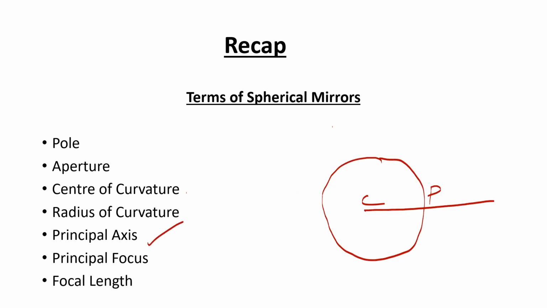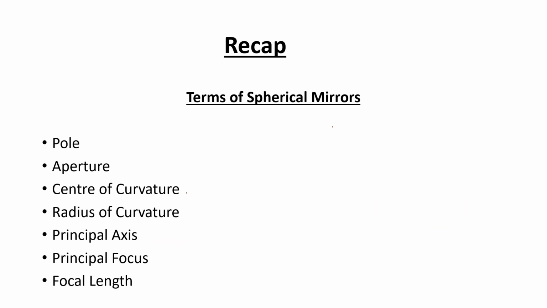Principal axis is the imaginary line which is passing through the center of curvature and the pole. Principal focus is the point on the principal axis where the reflected rays converge. This is the principal focus.